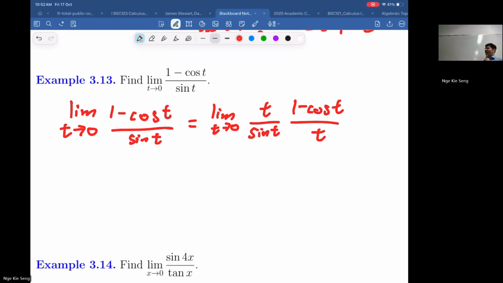Do you know the limit of 1 minus cos t over t? How about t over sine t? It is 1. Why is it 1? I didn't teach you t over sine t, so what's the connection?